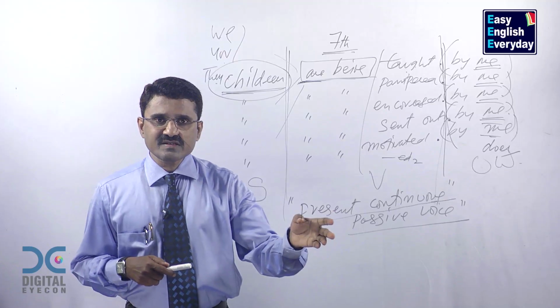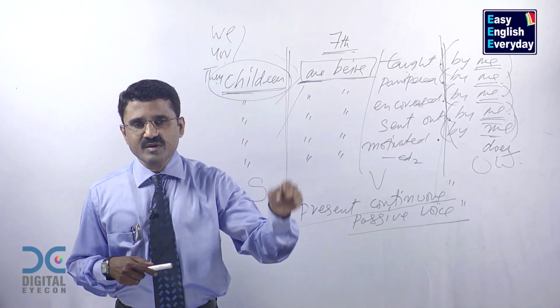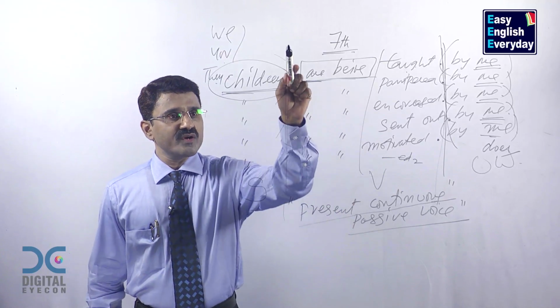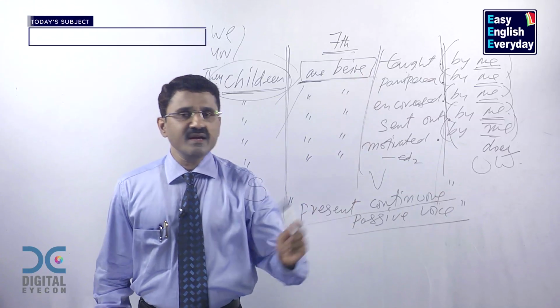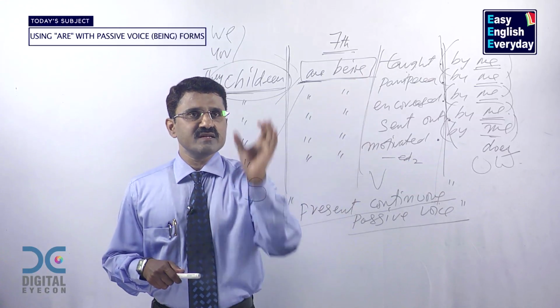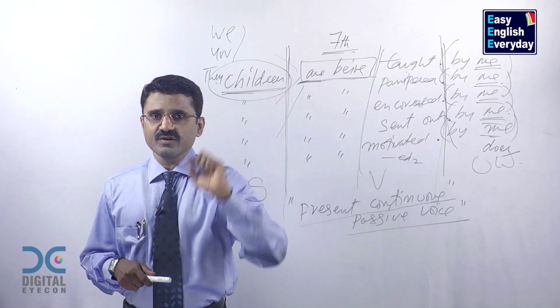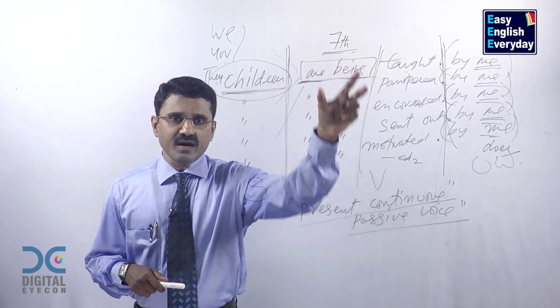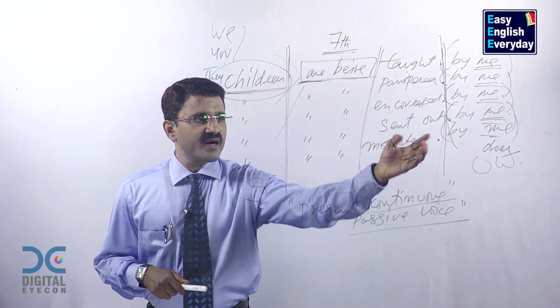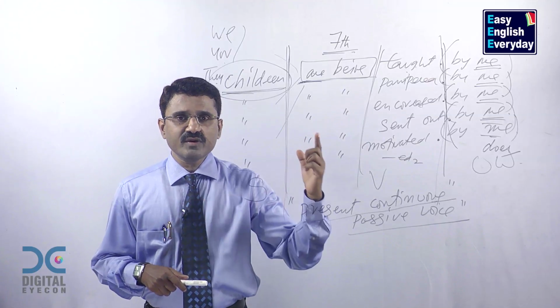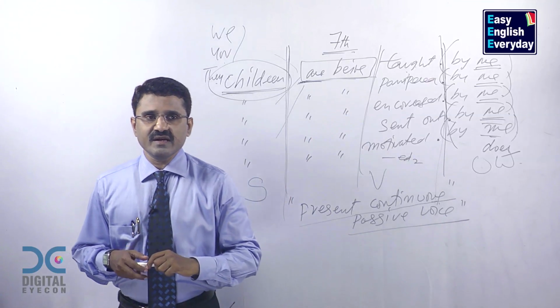It is not necessary to know and remember this terminology. Your job is to make correct sentences like this. Take a subject, take any one of these four people, keep are being here, keep past participle forms, then you can make a large number of sentences like this.